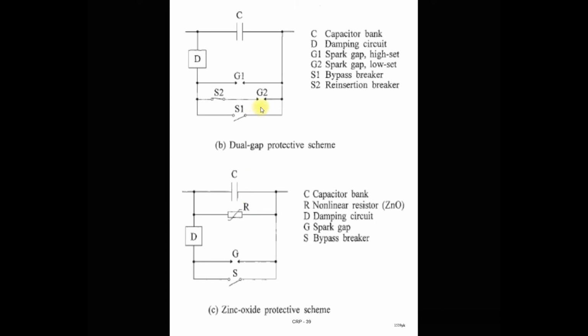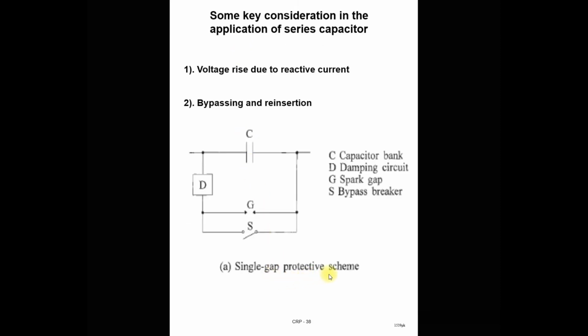But in this case, the gap is small and backup protection is also provided. When the switch opens, the gap is deionized very fast, so the deionization process is fast in this dual gap protective system, and because of that the reinsertion time of the series capacitor is fast as compared to the single gap protective system.